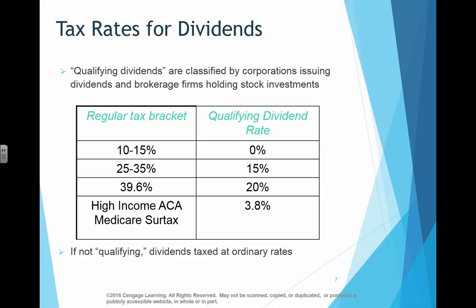Does everybody see that? Therefore, what percentage are my qualifying dividends taxed at? Now you have to go up here and look at this table. Since my highest marginal tax rate falls here, my qualifying dividends are taxable here.